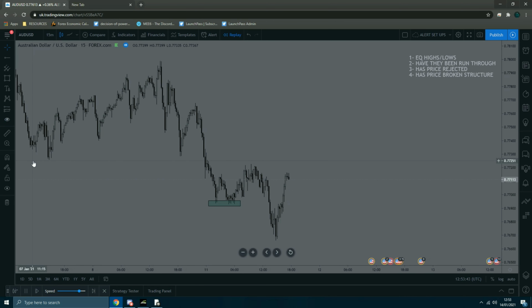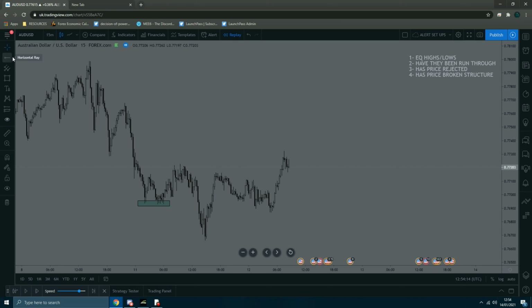Okay, yeah, we've broken structure. We've just broken structure right now, which was this high here that we were looking to break. We've broken that. Okay, so equal lows, run through, rejection, break of market structure.